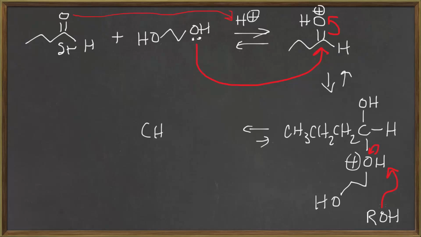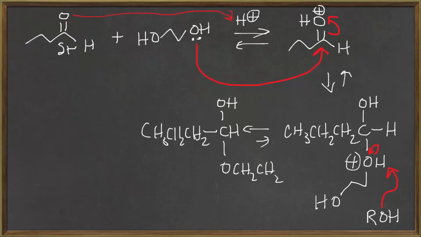That will give me my neutral intermediate here, and what you can see at this point is that I have, and I'll make it obvious here, woohoo, there is my hemiacetal. Again, hemi because I've got the OH group attached, and it's an acetal because there's that hydrogen on that carbon.